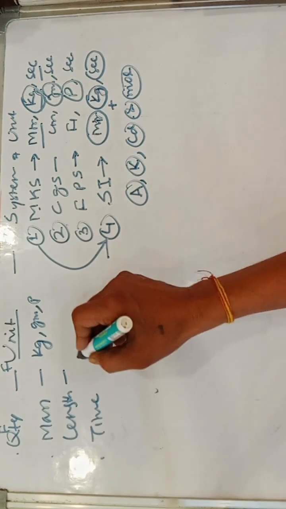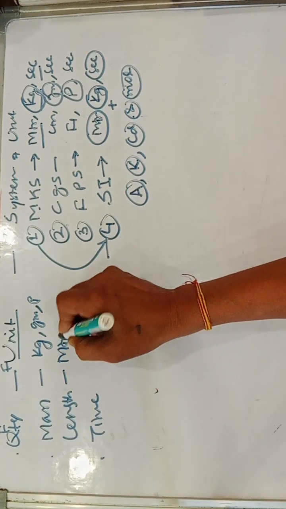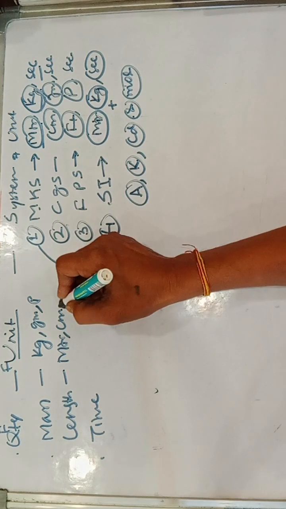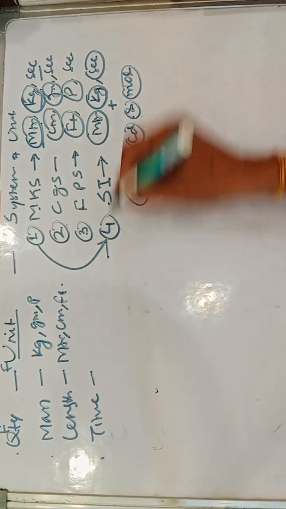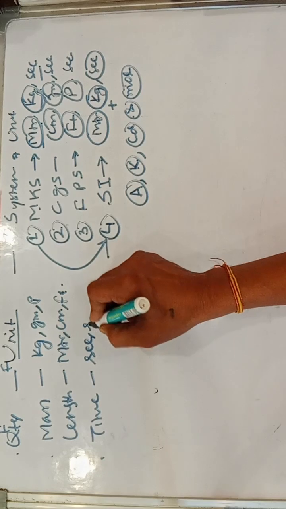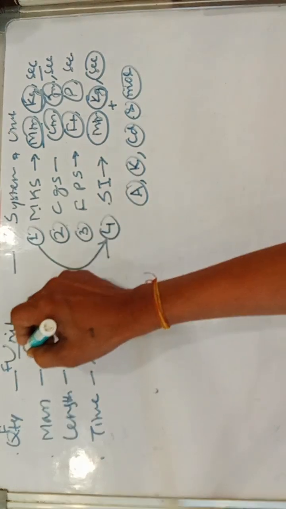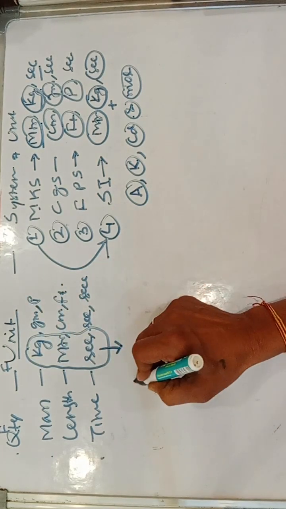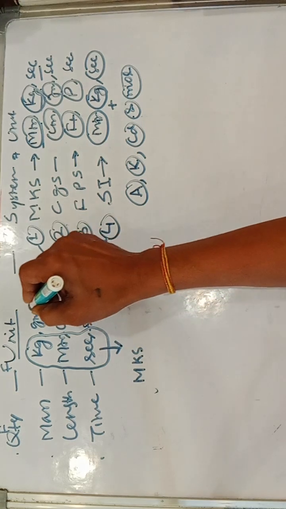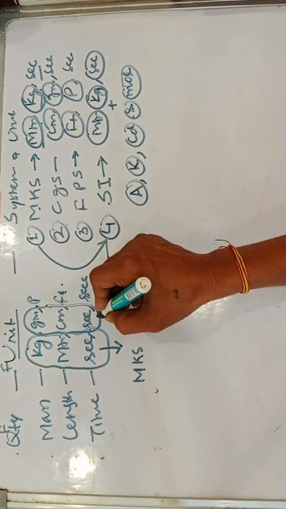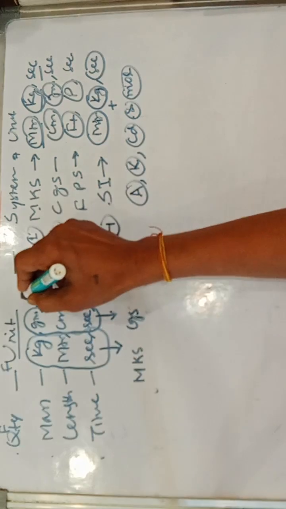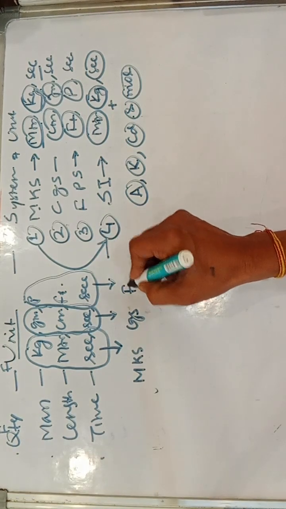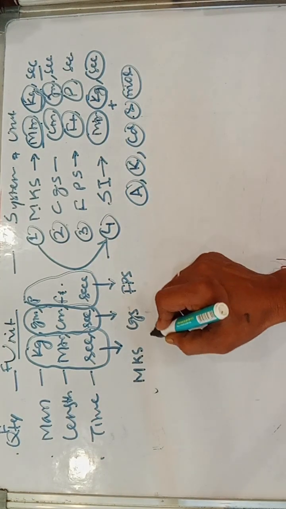For length it will be meter, centimeter or foot. For time it is second everywhere. This kg meter second constitute our MK system. Centimeter gram second constitute our CGS system, whereas pound foot second constitute our FPS system of units.